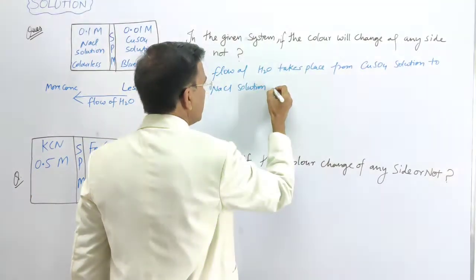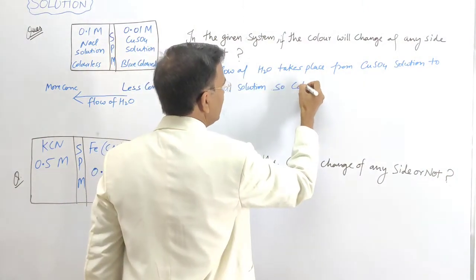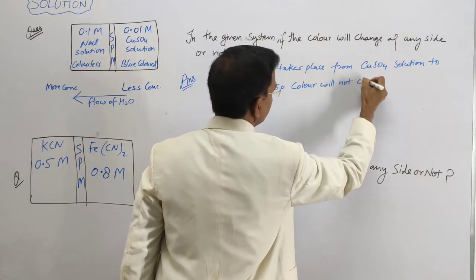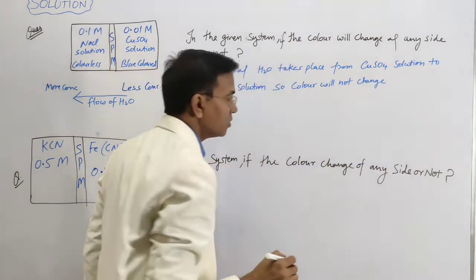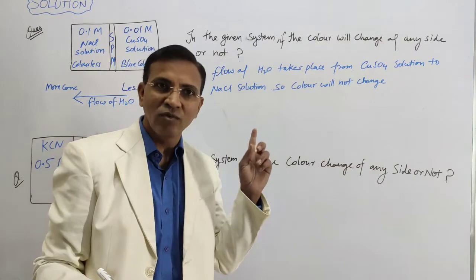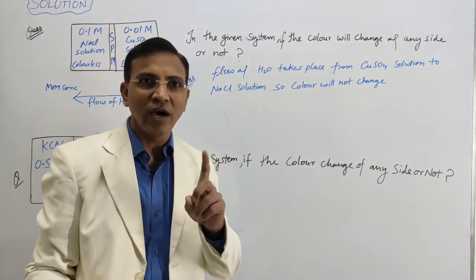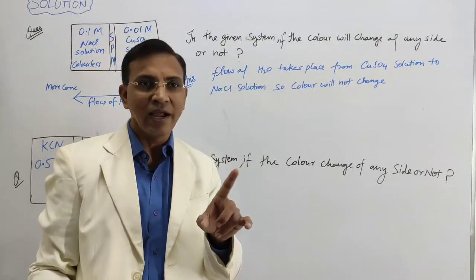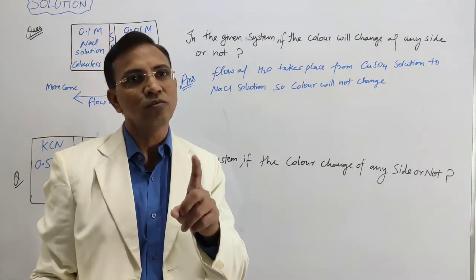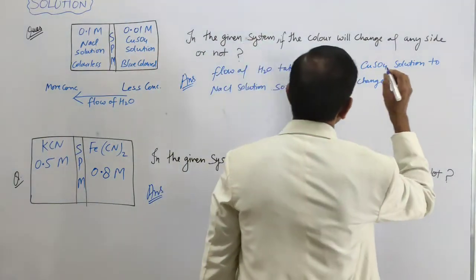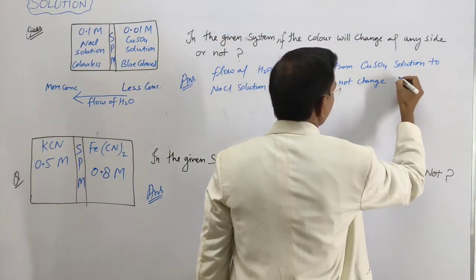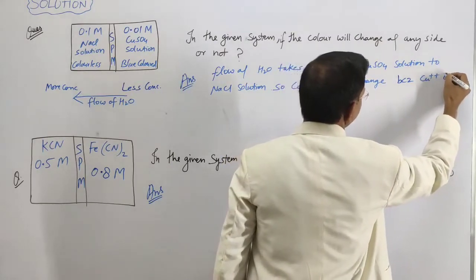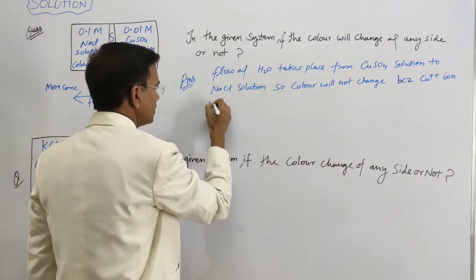So the color will not change, because only the water movement takes place, not the movement of the ions. That means the movement of Cu2+ ions doesn't take place, and the blue color is because of the Cu2+ ions. So no change because Cu2+ ions do not migrate.